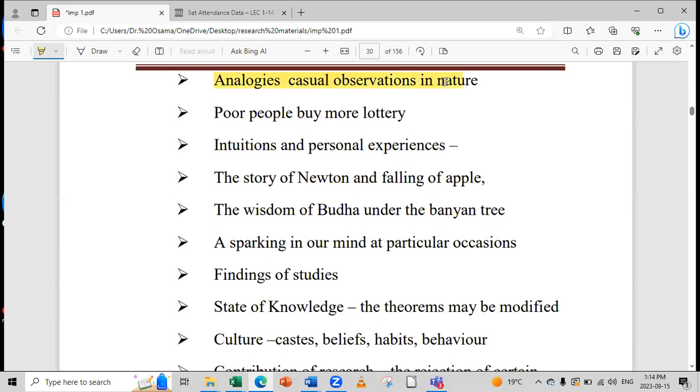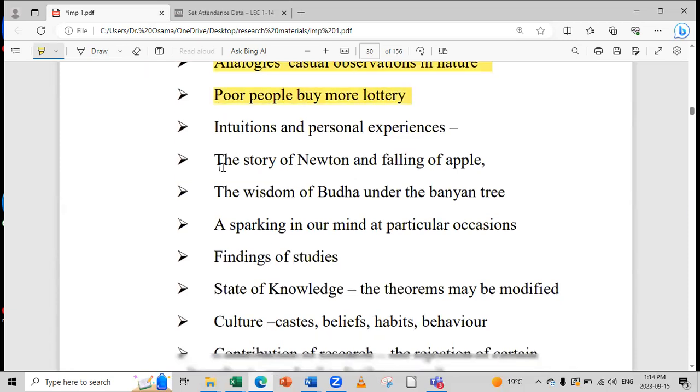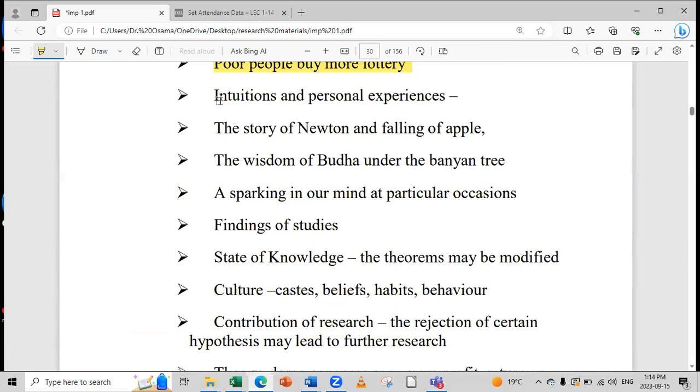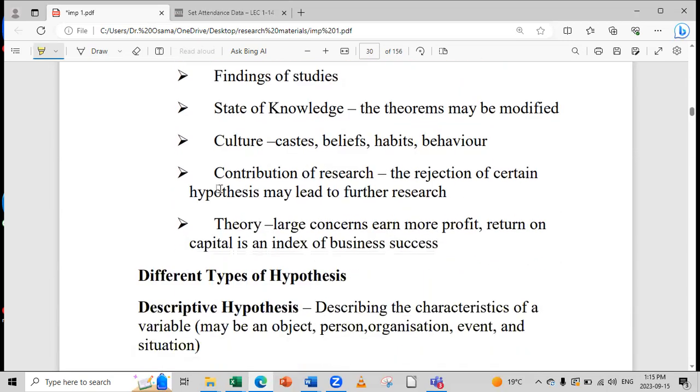Analogous casual observation: poor people buy more lottery. Intuitions and impersonal exercises, like the story of Newton and the falling of the apple, the wisdom of Buddha under the banyan tree. Those are examples.